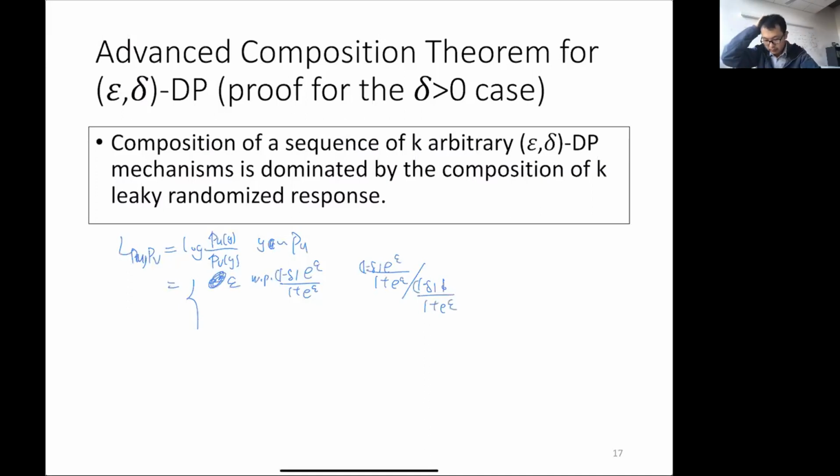And it is equal to minus epsilon with probability (1 minus delta) 1 over 1 plus e to the power of epsilon, and it is unbounded with the remaining probability delta. It can also be seen that the inverse of this, PV over PU, behaves exactly the same way.